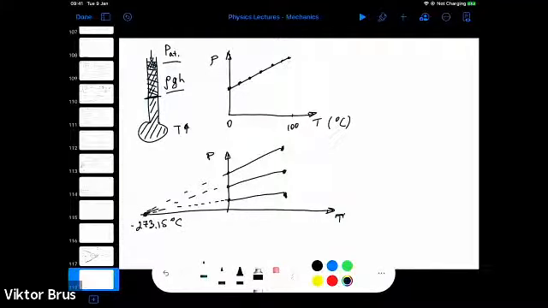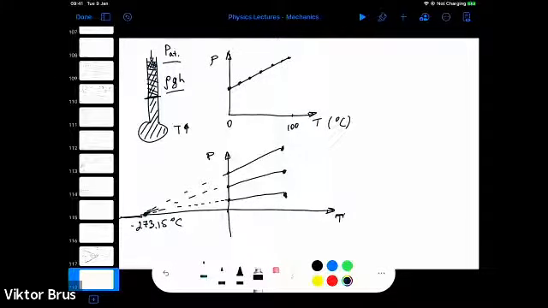Why? Because physically it's impossible to get negative pressure. So if you imagine that we can go to lower temperatures and extrapolate this linear dependence further, we would end up with some negative pressure, which is impossible. So if you have some amount of atoms which forms this gas confined in a fixed volume, its pressure can always only be bigger than zero, so it cannot be negative.